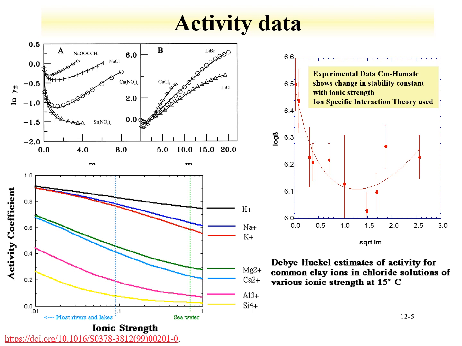Here's some data showing the complexation constant measured for humic acid and curium as a function of the square root of the molal ionic strength. If you remember the specific ion interaction term, there's 2 terms that are functions of either the molal ionic strength or the square root of the molal ionic strength.